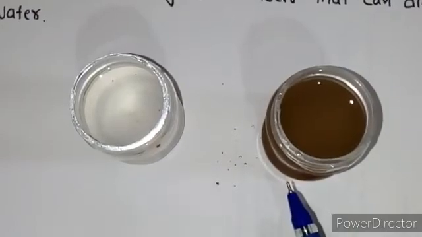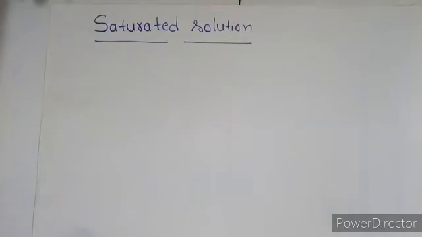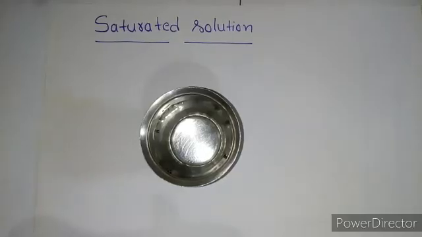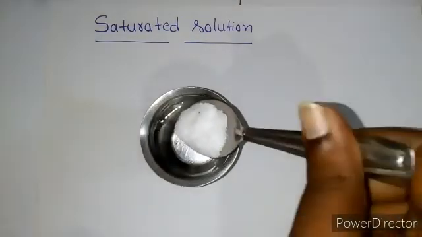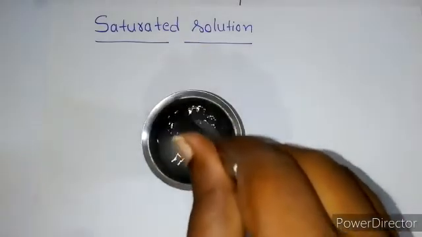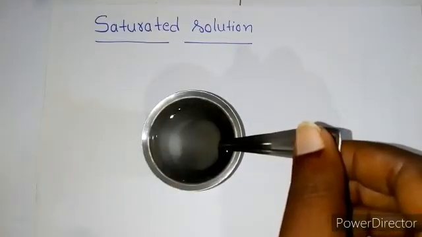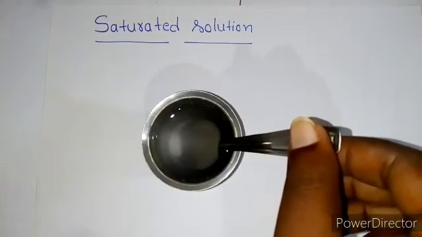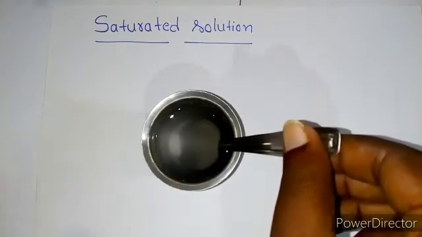Now we are going to learn about saturated solutions. Students, do you know what happens if we keep on adding salt to a salt water solution? We know that there are empty spaces between liquid particles.